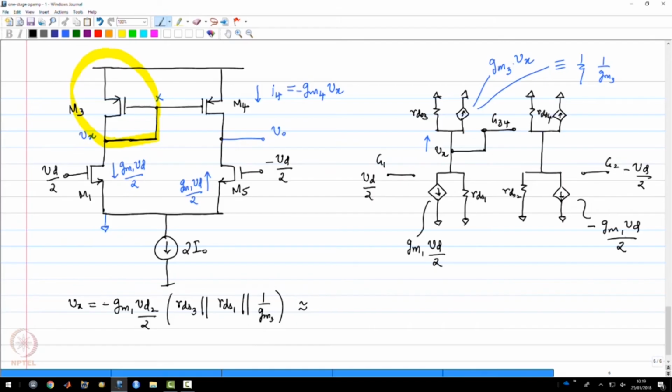Sorry, there should be a negative sign here. I will now make an approximation that this is approximately Gm1 by Gm3 times Vd by 2. So voltage at node X will be the current generated by M1 flowing through the parallel combination of these 3 resistances.